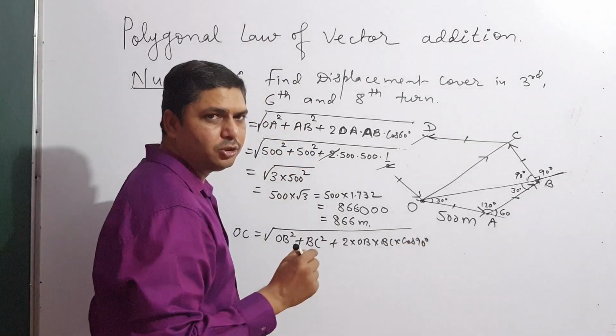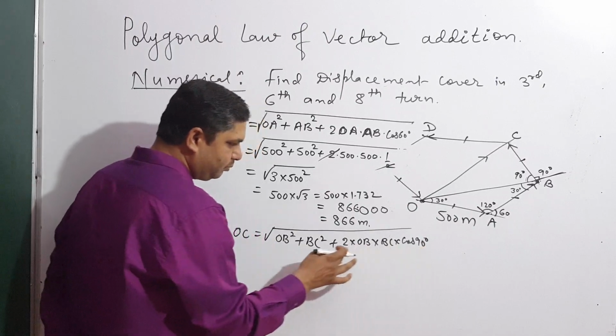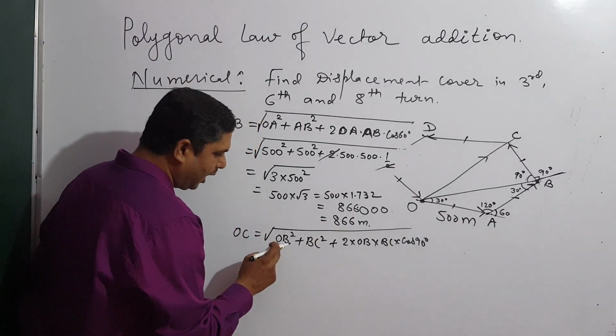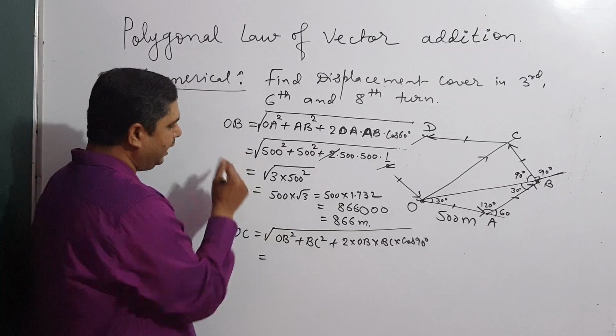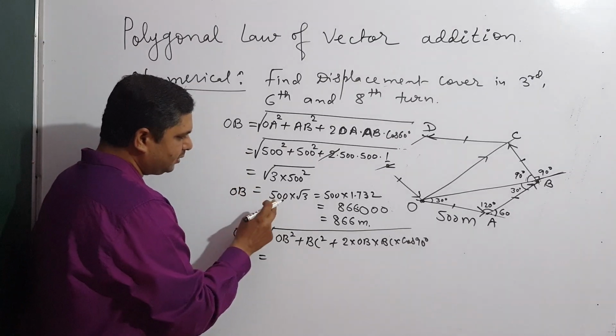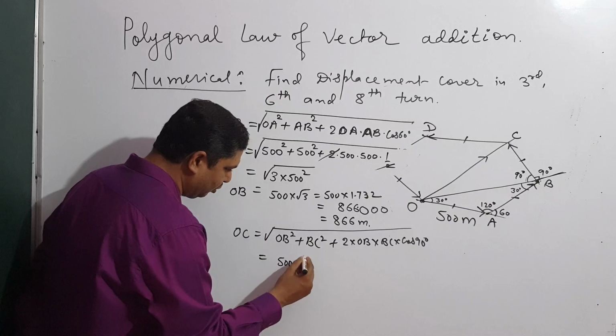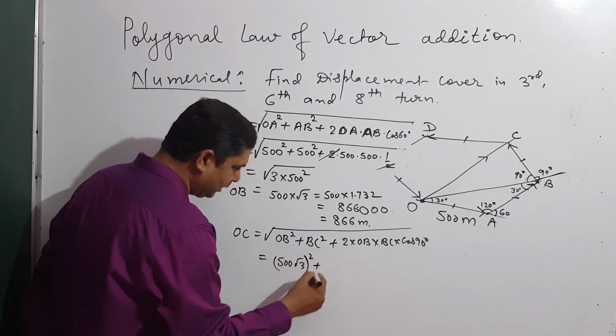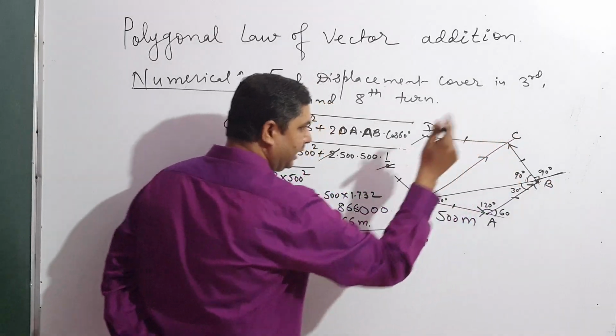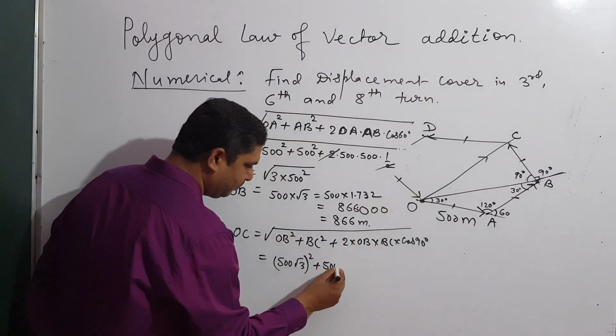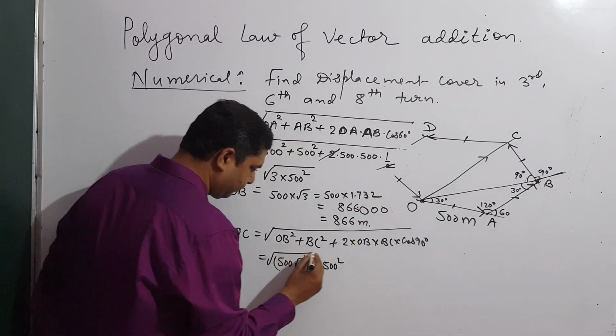Cos 90 is 0, so this whole term becomes 0. You have OB, OB is 500 root 3, this is 500 root 3 whole square. And BC is again 500 square.